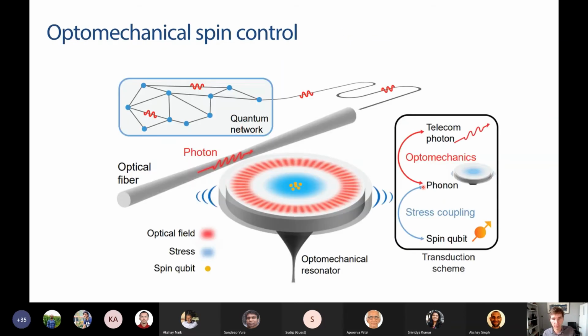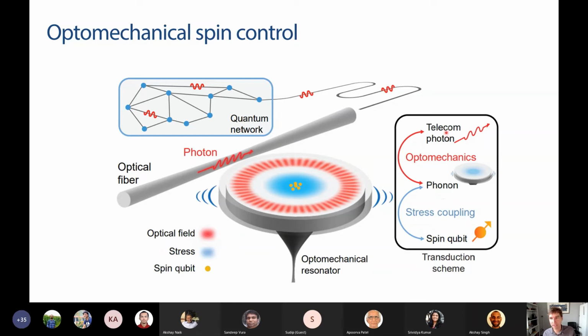And this would allow us to implement this picture that I showed in the first slide, where we can convert a telecom photon to a phonon, and then through this microscopic stress field, which is concentrated in the center of our device. So the edge of our device is moving, but the stress is maximum in the middle, and that will then control a spin qubit.